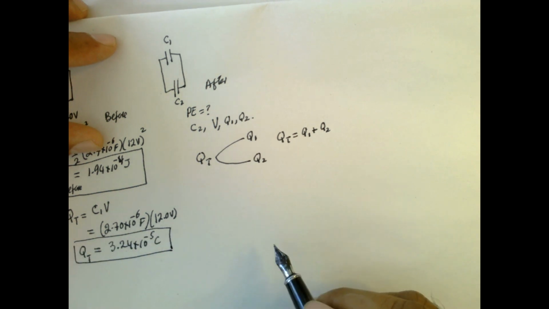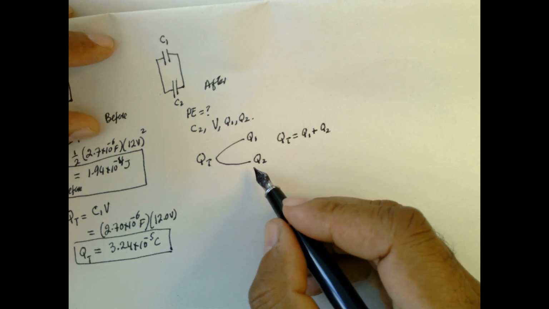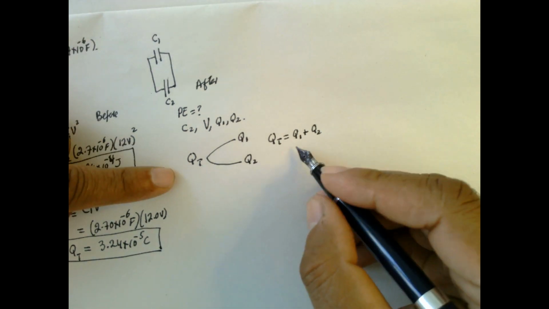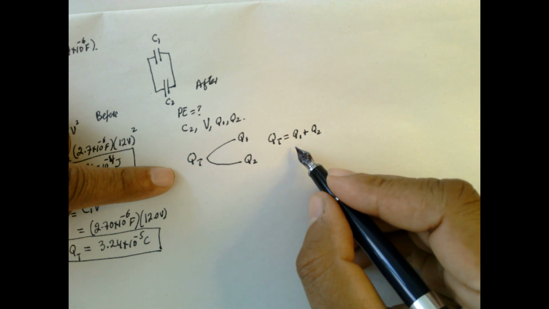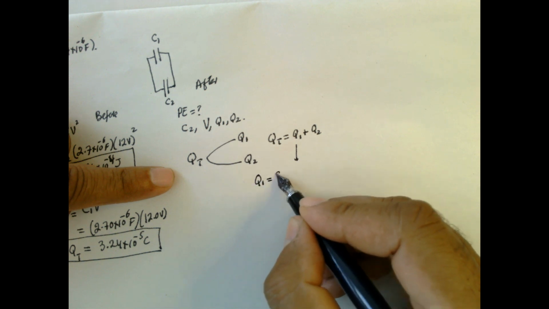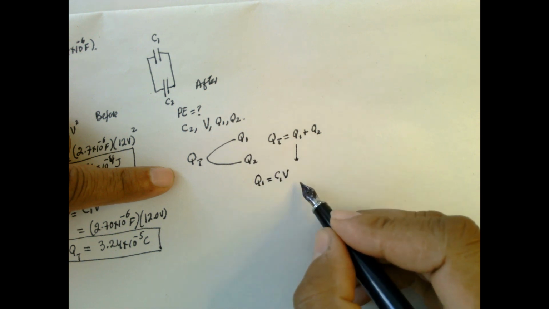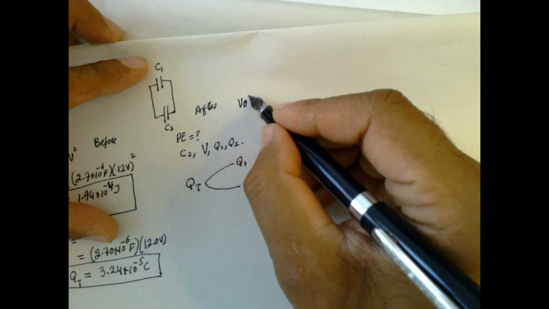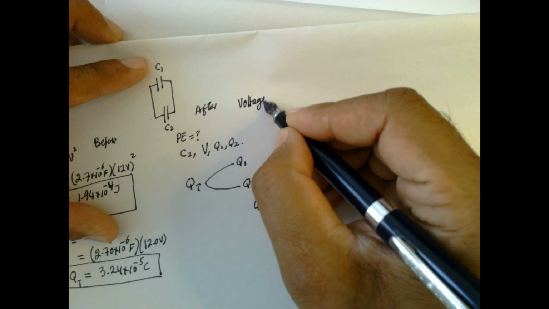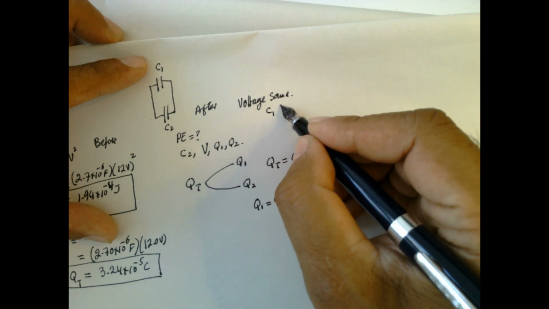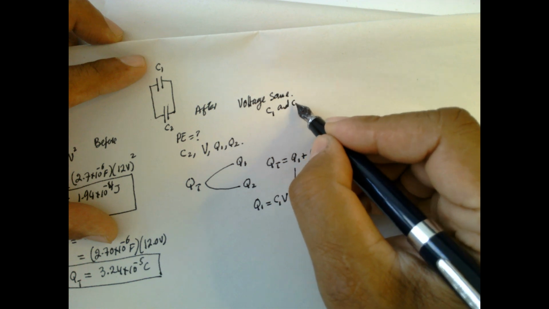Now we can find Q1. Q1 is equal to C1V, and V is the same, the voltage is the same across C1 and C2.